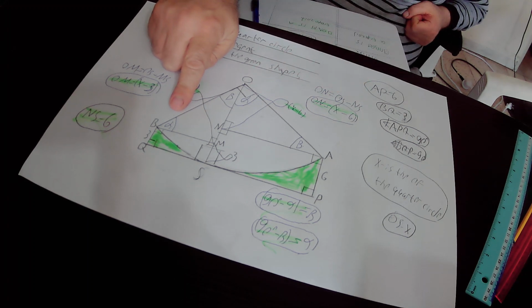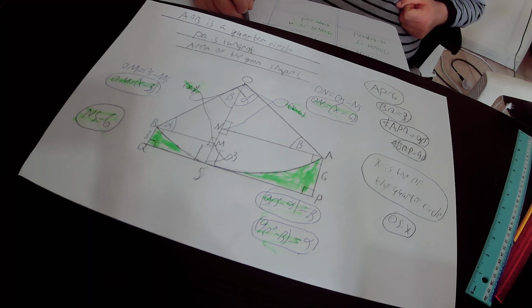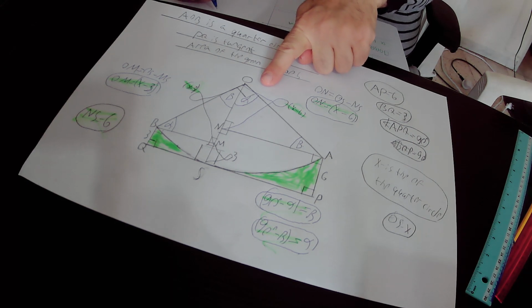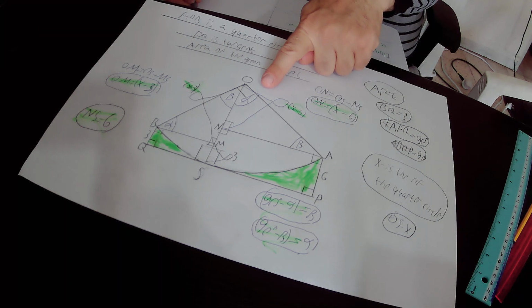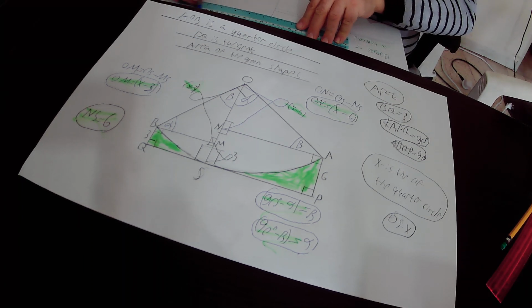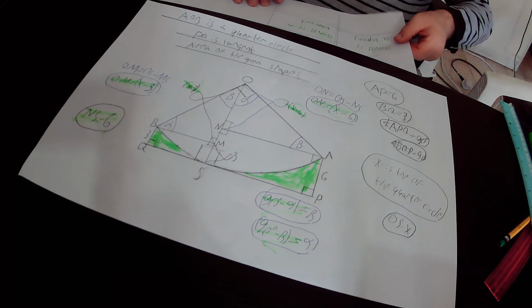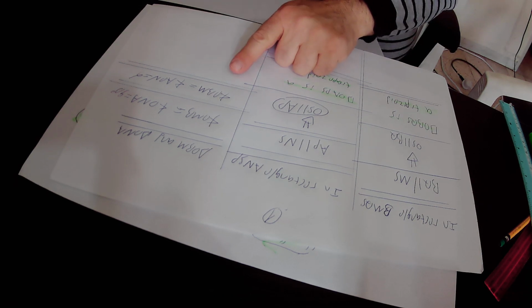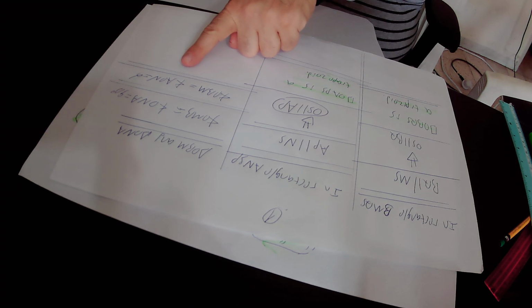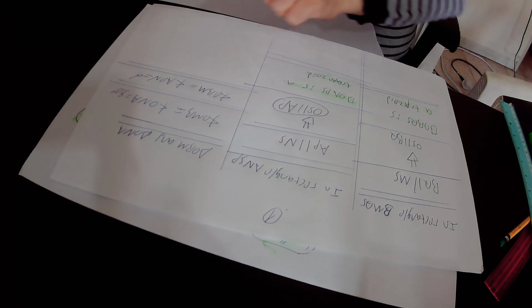So this is angle OBM in the right triangle OBM, and it is equal to this angle, angle AON in the right triangle ONA. They are both equal to alpha.